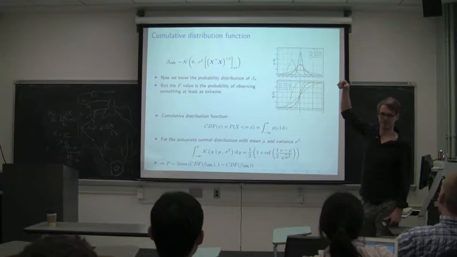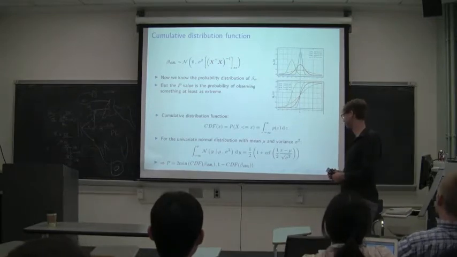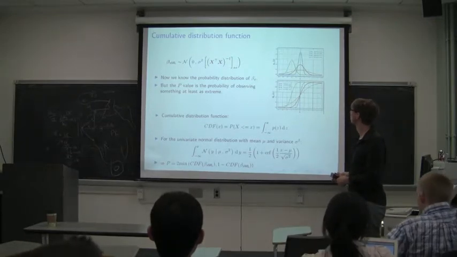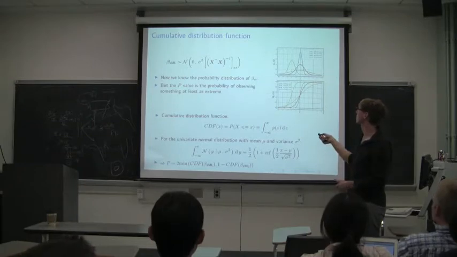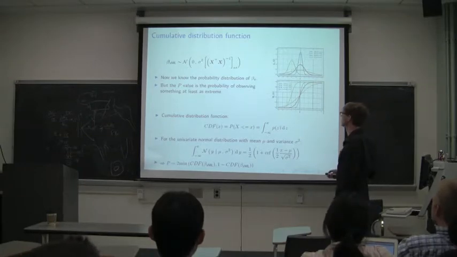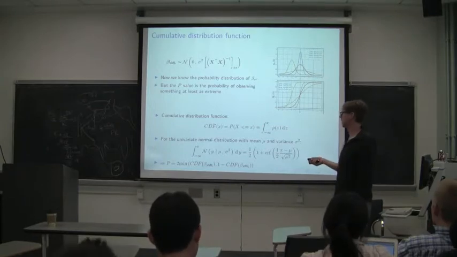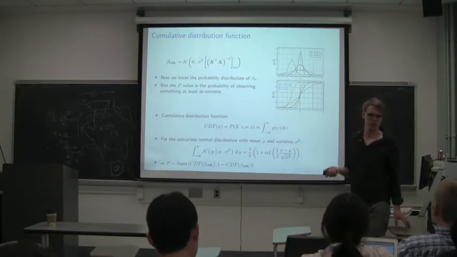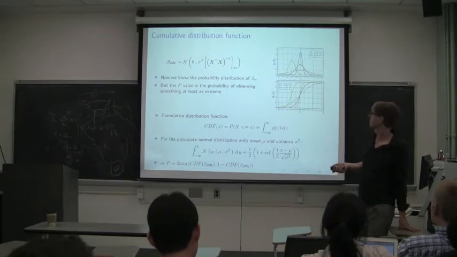So now, just using mathematics and Gaussian calculus, we have computed the p-value for the maximum likelihood estimate.